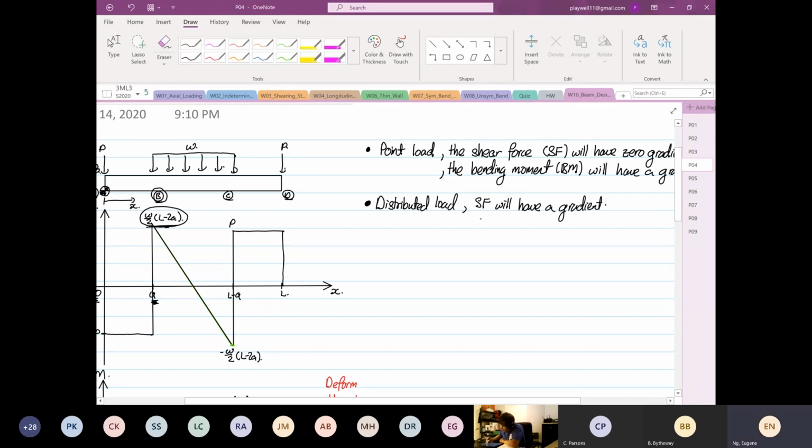And the bending moment will be a curve. Okay, not a straight line. Okay, non-straight line.